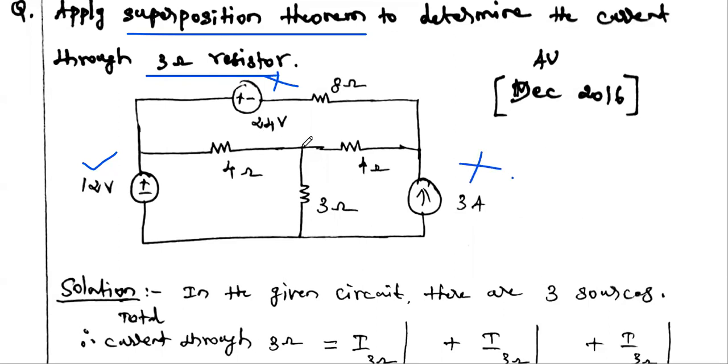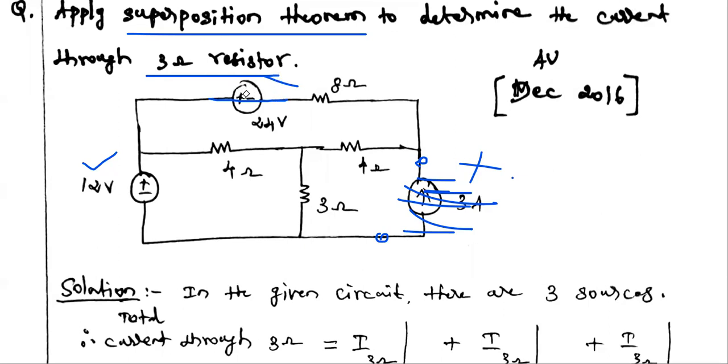While deactivating a voltage source, in its place we draw a short circuit. While deactivating the current source, that branch is open circuited. Just remember this.